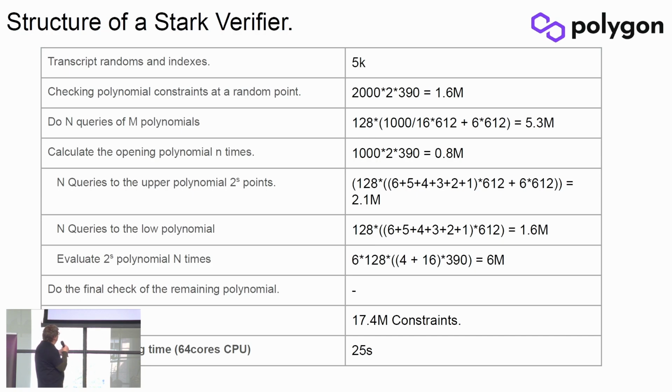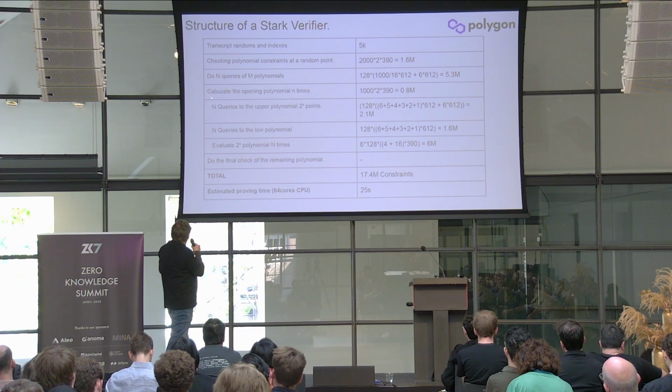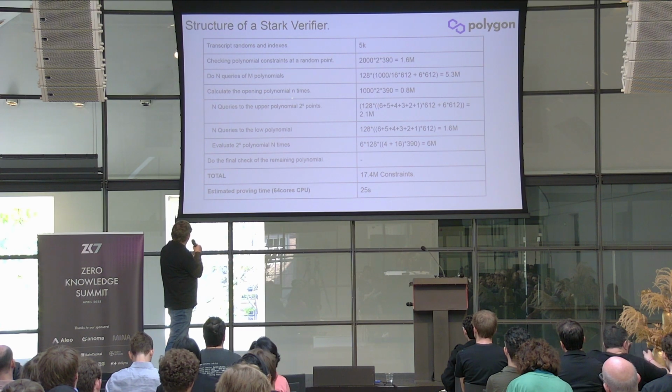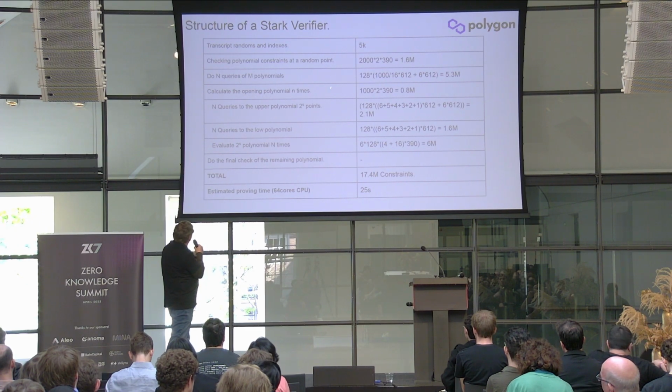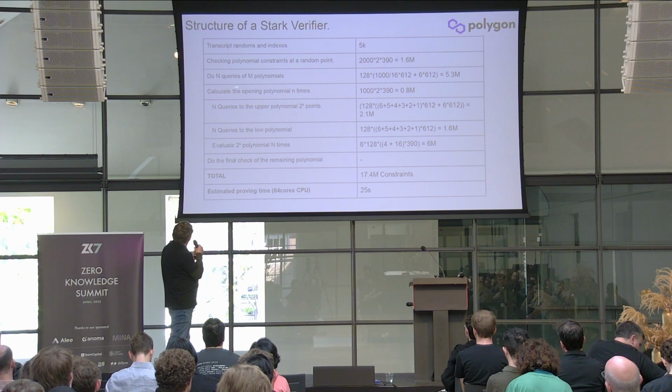In this case it's quite important, mainly because of this 128 here. So this is about 5.3 million constraints, which is quite a lot. If we go to the different steps, calculate the opening polynomials, we need to do this.